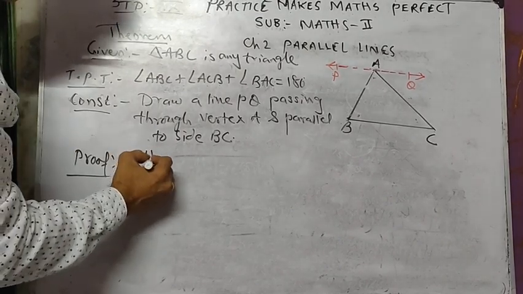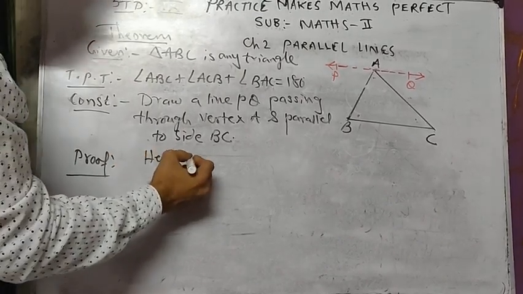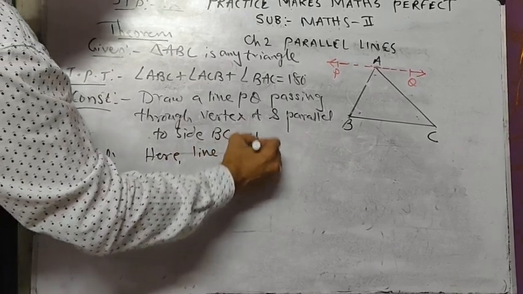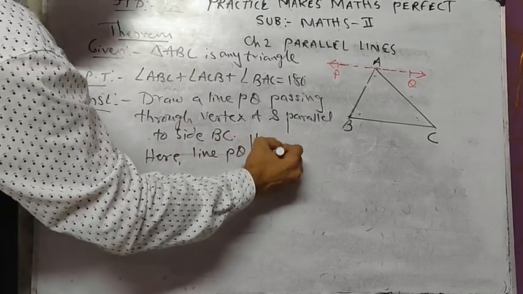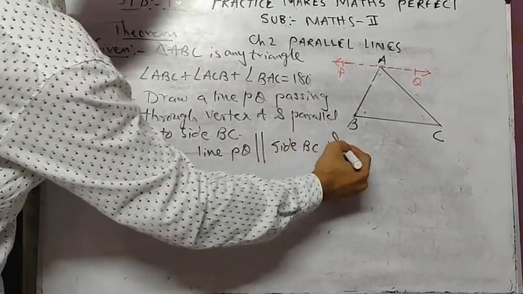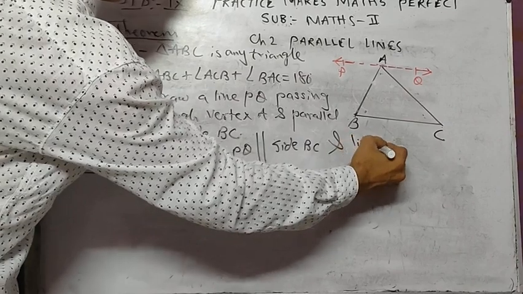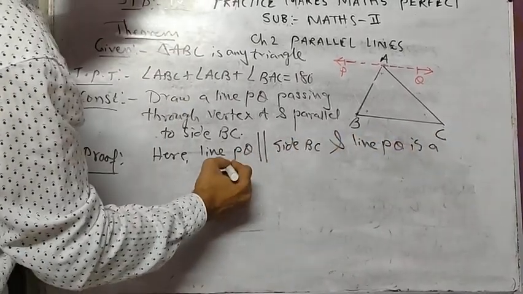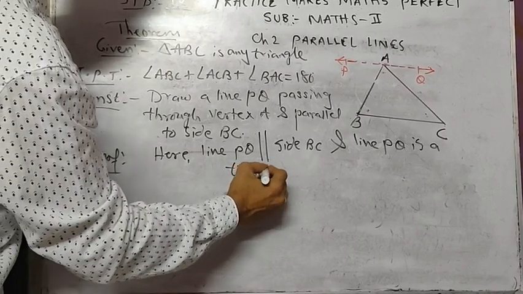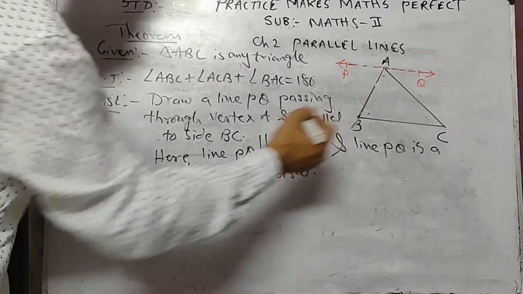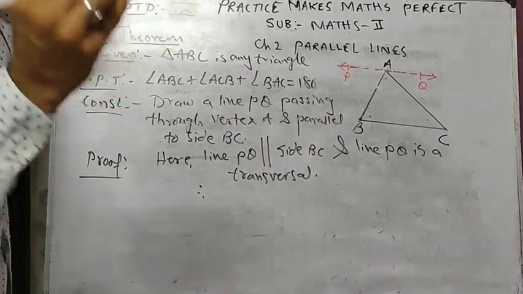So here line PQ is parallel to side BC, and line AB is a transversal. Okay, this is your transversal. So you will get your alternate angles.